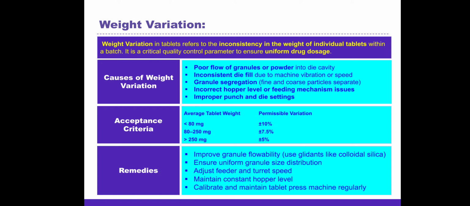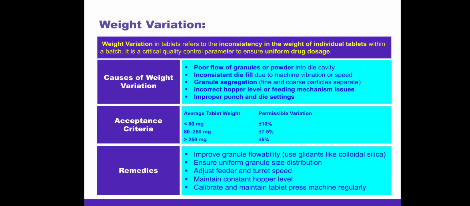Inconsistent die fill: if the die is not filling properly, in those cases also the weight variation problem will come. Granule segregation: if segregation happens in the hopper, meaning the fines and coarse granules are separated, in that case also, wherever the fines go or wherever the coarse granules go, those tablets will show different attributes.